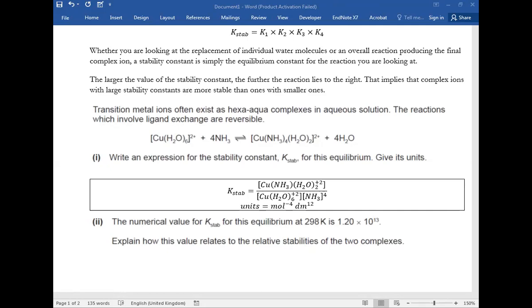That the complex formed in this particular equilibrium is a very stable one. Once we make this complex, it is not easy to go back to the previous complex. The main reason is that once this complex is formed, it is a very stable one. Is this clear?